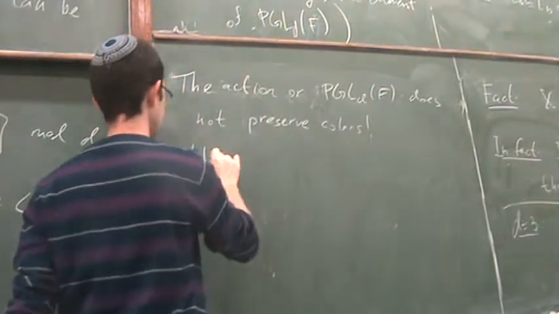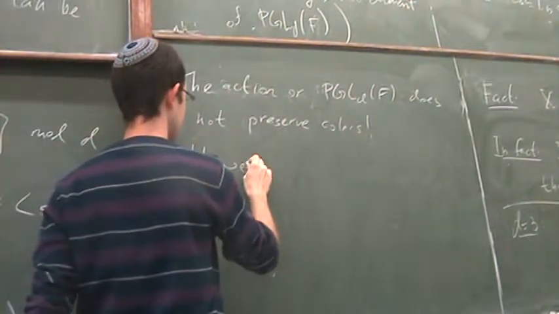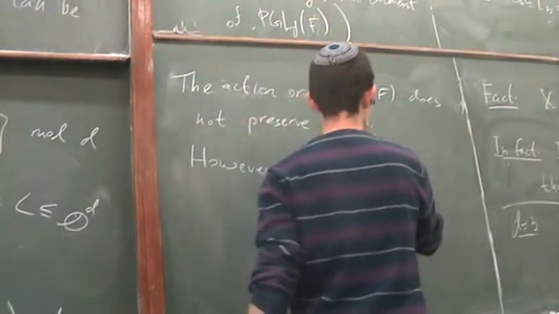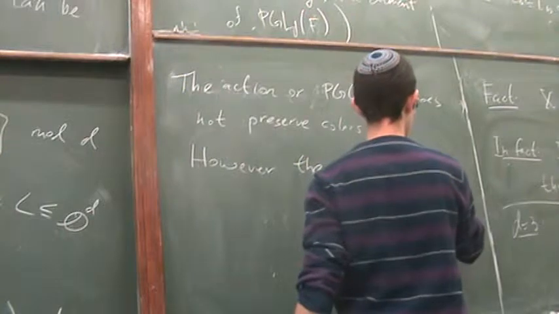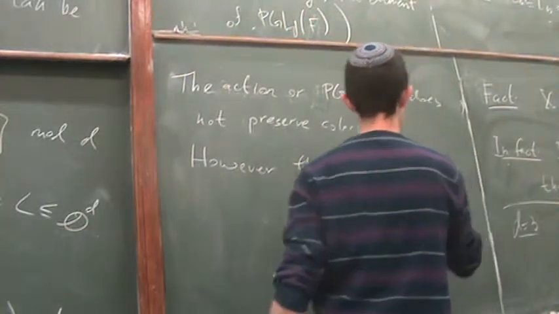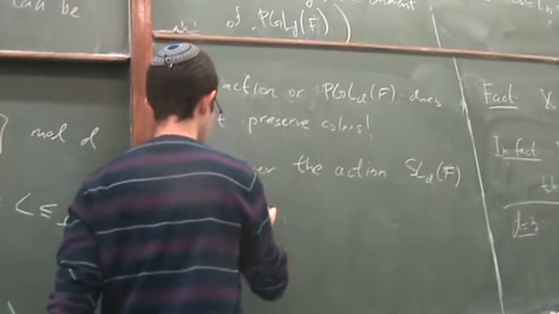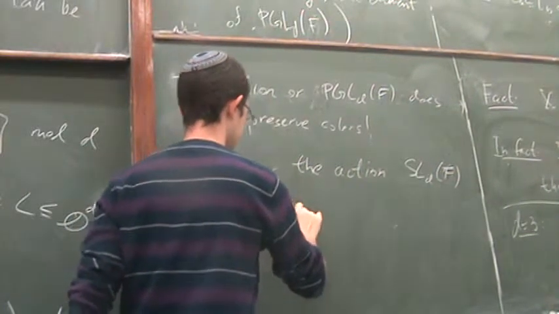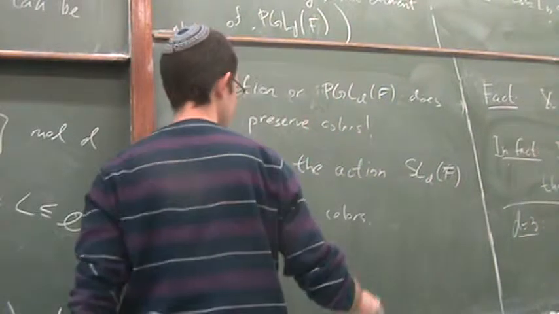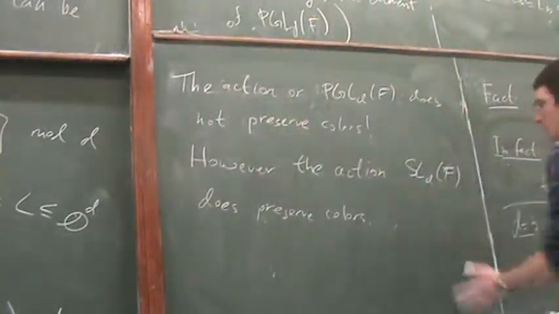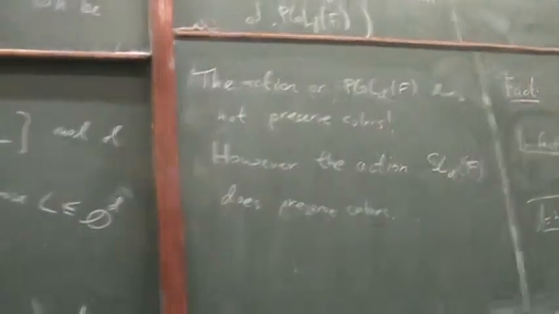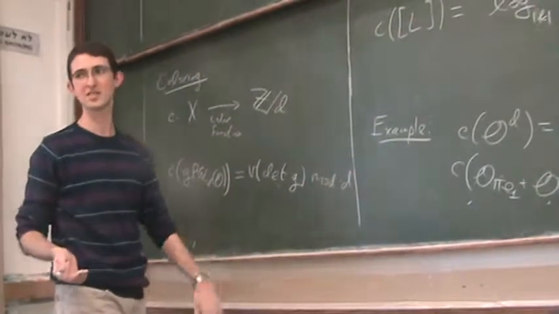However, the action of SL_d(F) does preserve colors. And the reason is that here I have matrices of determinant 1, and the color is determined by the determinant, so it does not affect anything.